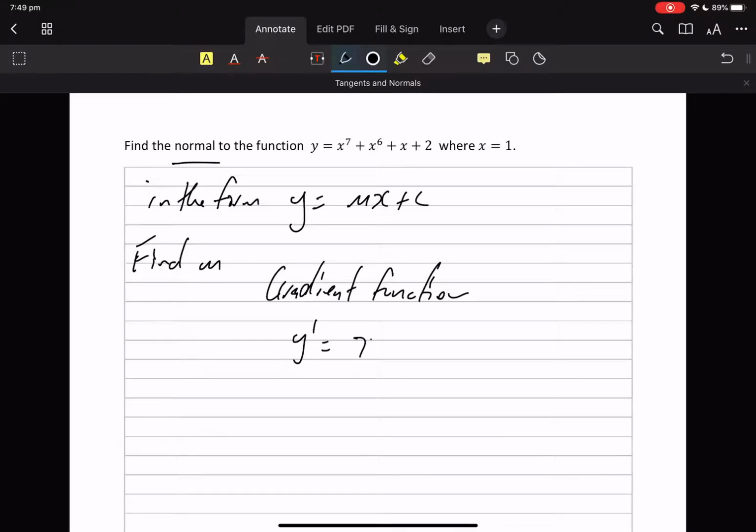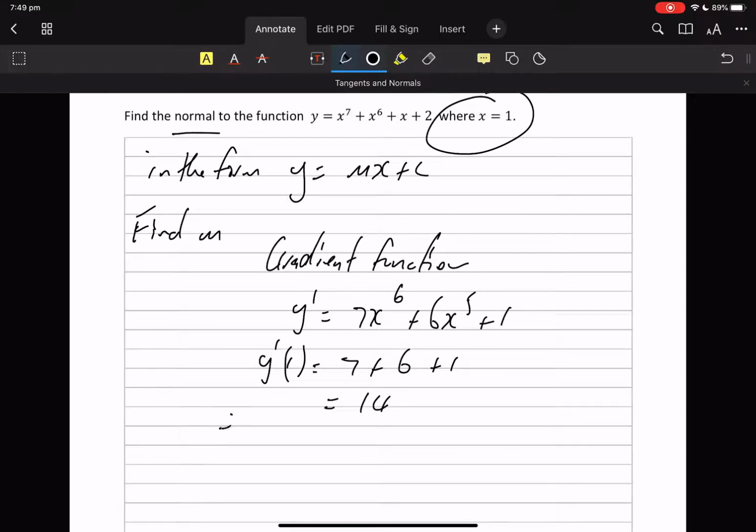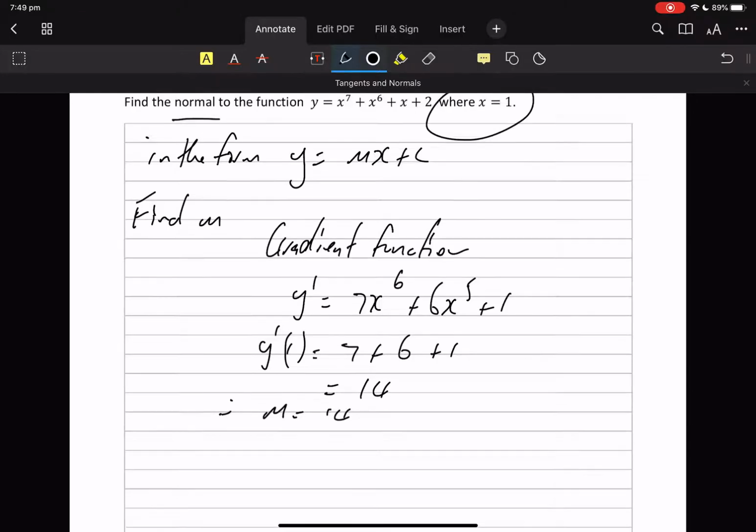So what's that going to be? 7x to the 6 plus 6x to the 5 plus 1. Find the slope where x equals 1. 7 plus 6 plus 1. What's that? 14. So, therefore, m equals 14.